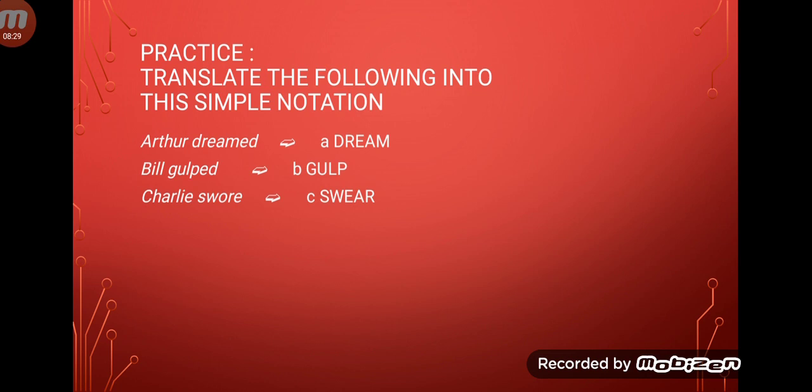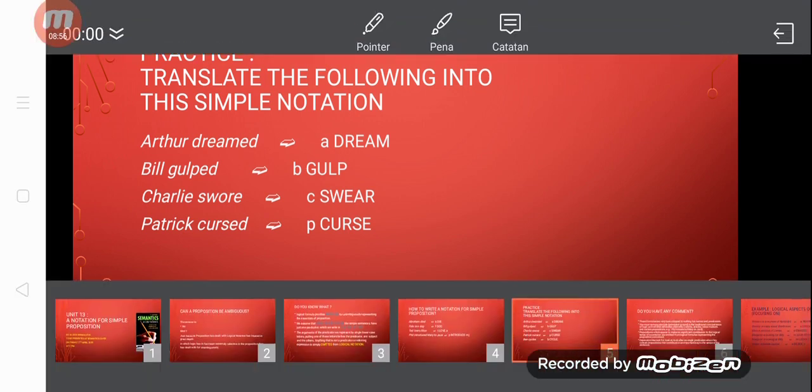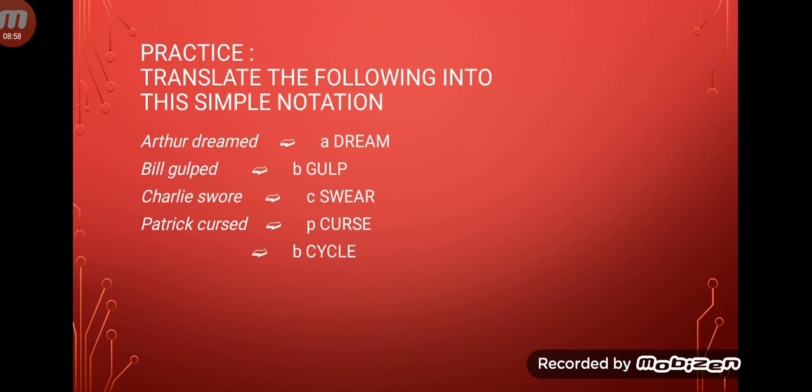This is just like using the initial of the names, like c for Charlie, b for Bill, and a for Arthur. Patrick cursed: Patrick becomes p and cursed becomes the verb 1 form, curse. Ben cycles: Ben becomes b and cycles becomes cycle.